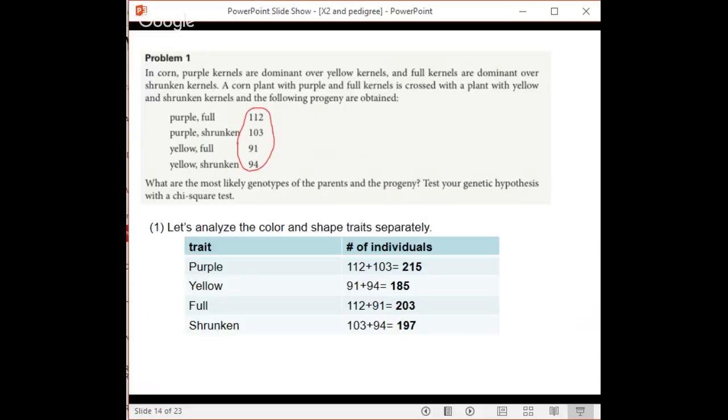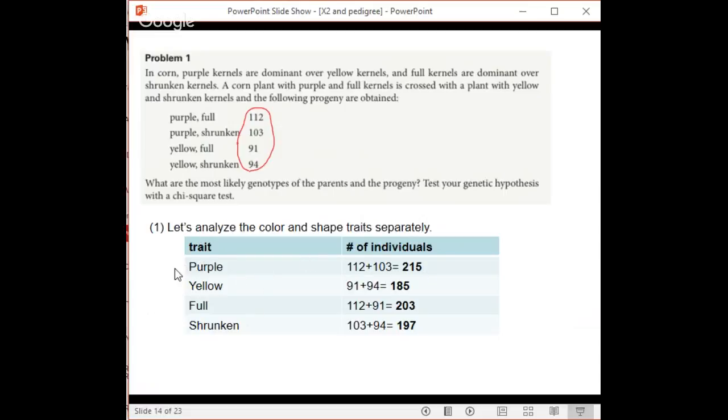When we analyze the color and shape traits separately, we can get a better grasp on what's expected versus what we observed. This table here just shows the two traits that we are observing, and we've added them up.